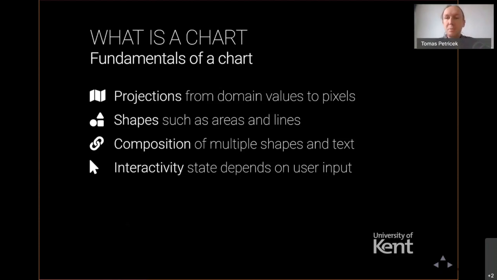Then you have some shapes, obviously: filled areas, lines, and so on. And then there are various ways of composing these. The interactivity adds a dependence on user input. So the user can interact, and then the state of the chart will depend on that. Those are some things that we have to represent in a clever way.